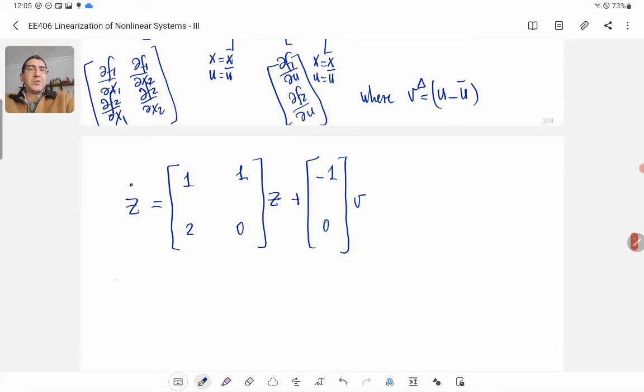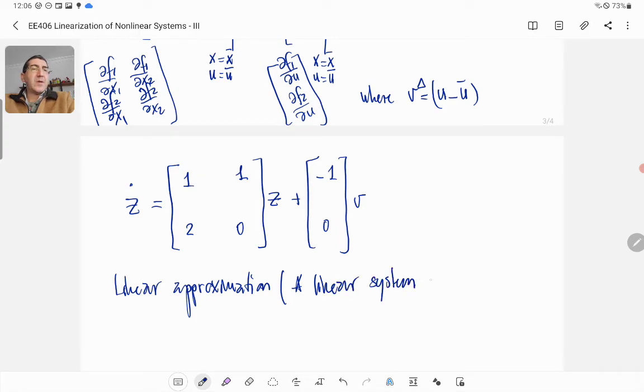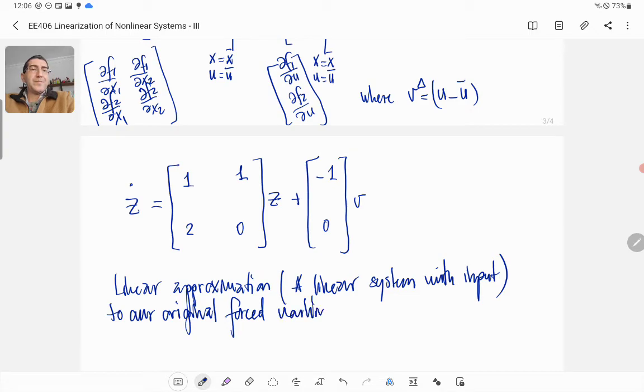So this is our linear approximation. Now this is a linear system with an input, approximating our original forced nonlinear system around the chosen equilibrium point.